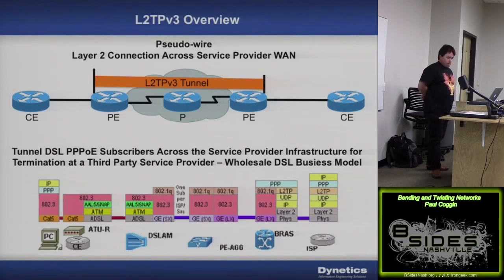L2TPv3 allows you to logically drag and drop what we call a pseudowire from one Ethernet router interface across any number of routers and drop that VLAN off at another router somewhere in the world. It doesn't matter how many routers you go across. Think of it as dragging a layer 2 tunnel across the routed network.